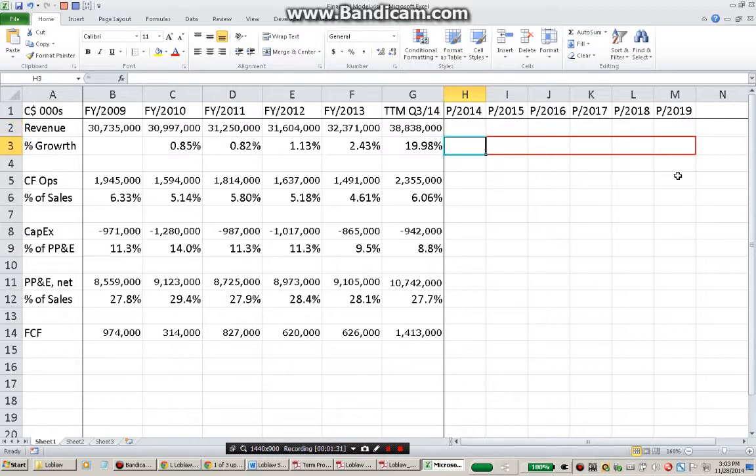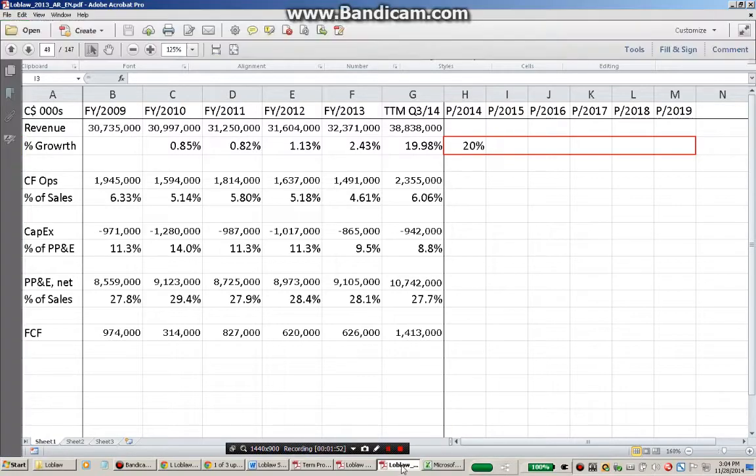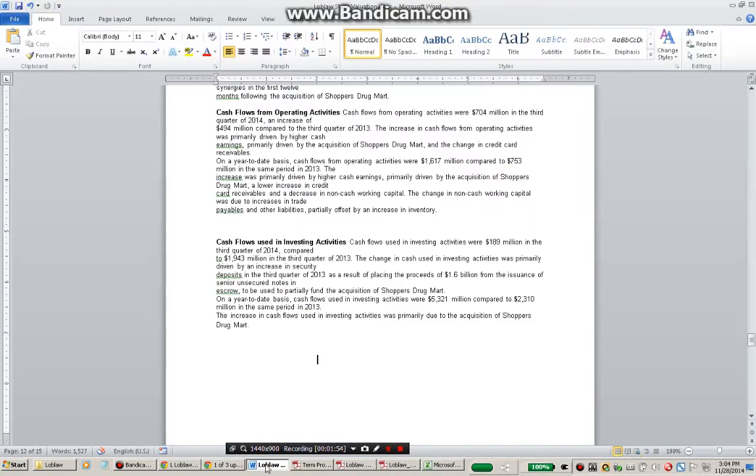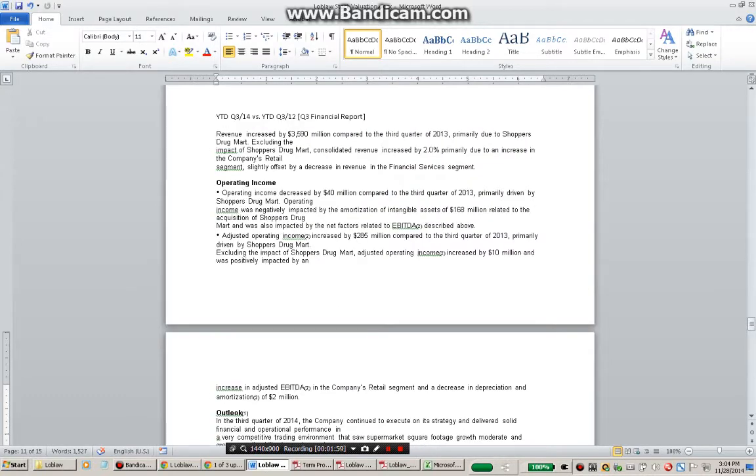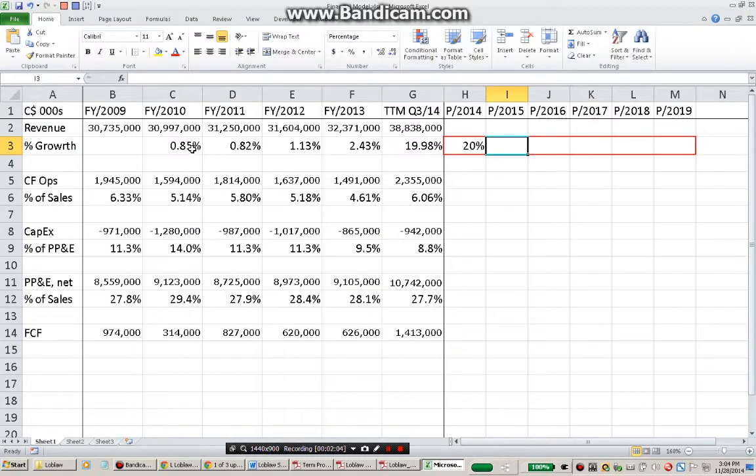I'm gonna say this is gonna be percentage, and this will be 20% from last year, and then we're gonna be back to normal, like 2%. I think they said without Loblaws, it was around 2% growth.